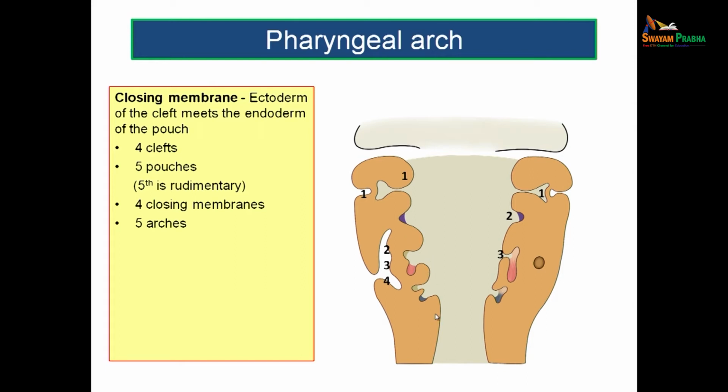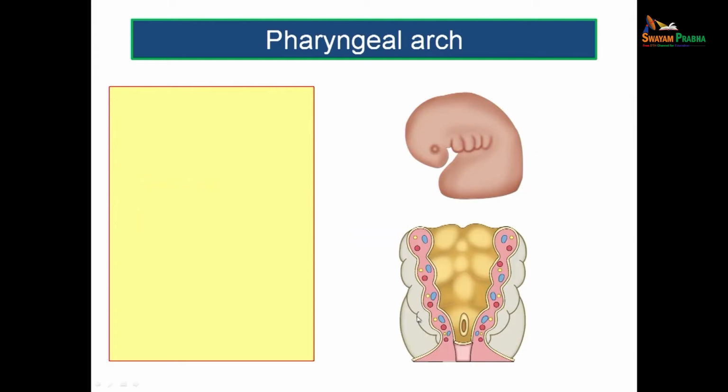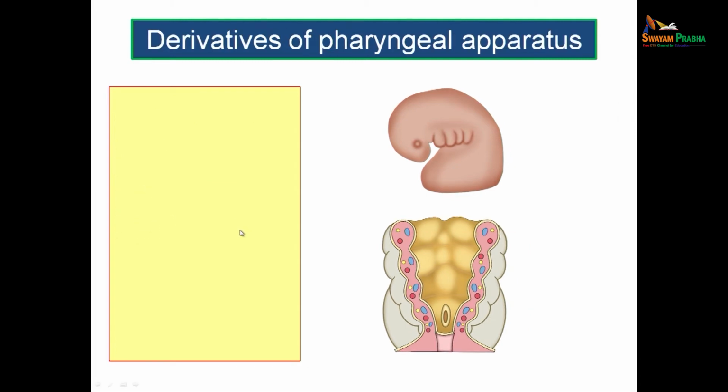Out of 6 arches, the 5th one is disappearing. So altogether you will be having 5 arches. Now, what are the parts derived from the branchial apparatus in a nutshell? You have the face, the neck, the definitive mouth, the pharynx, and the larynx. All these are actually derived from the branchial apparatus.